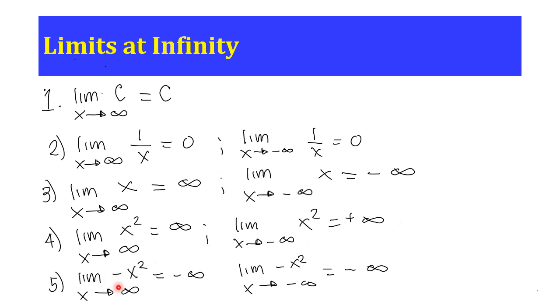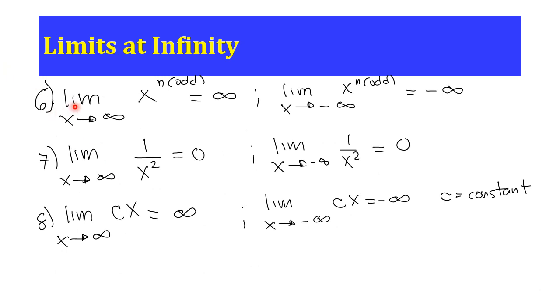Number 5. The limit of negative x squared as x approaches positive infinity is equal to negative infinity. The limit of negative x squared as x approaches negative infinity is equal to negative infinity.